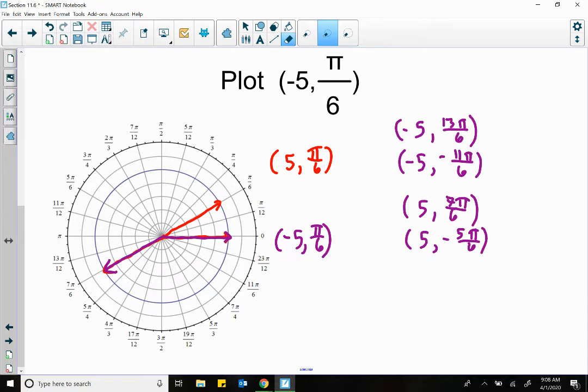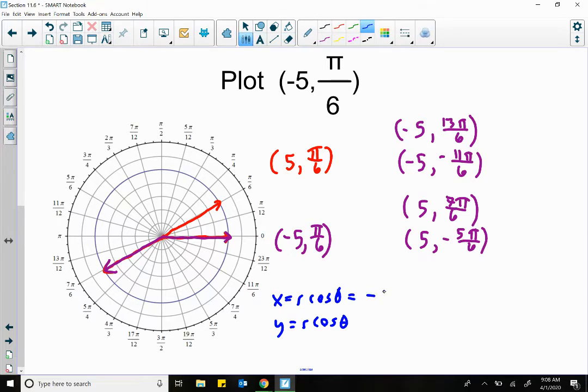And then if we want the rectangular, well, all we do is follow our formula. X equals r cosine theta. Y equals r sine theta. Okay? So plugging in, our r is -5, and we're going to take cosine pi over 6. And then we've got -5 sine pi over 6.